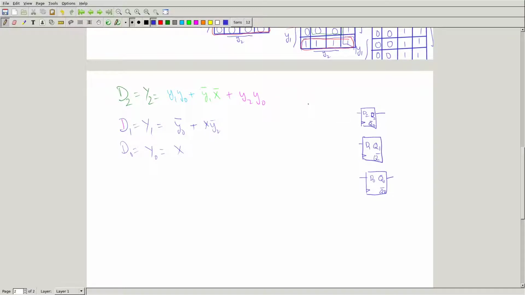The outputs of our D flip-flops will loop back as present states, which are small y2, small y1, and small y0, and there is one input x, and here we want to make 3 AND gate and 1 OR gate circuit.